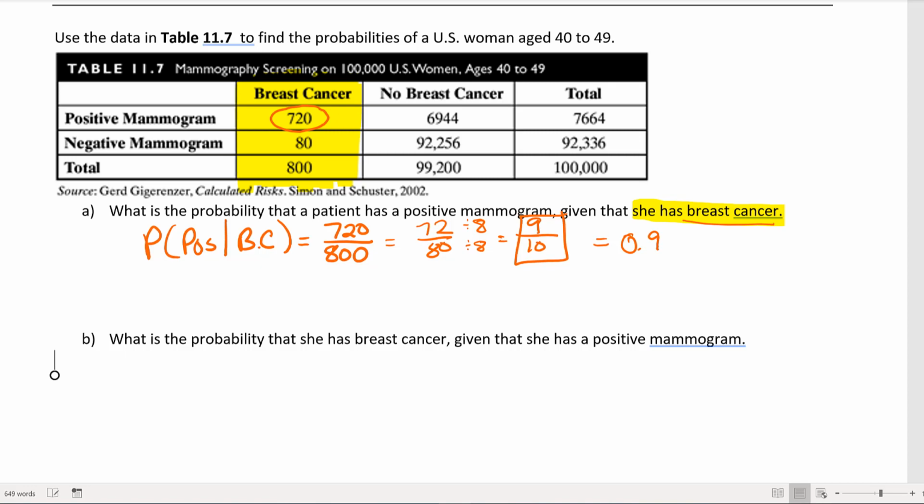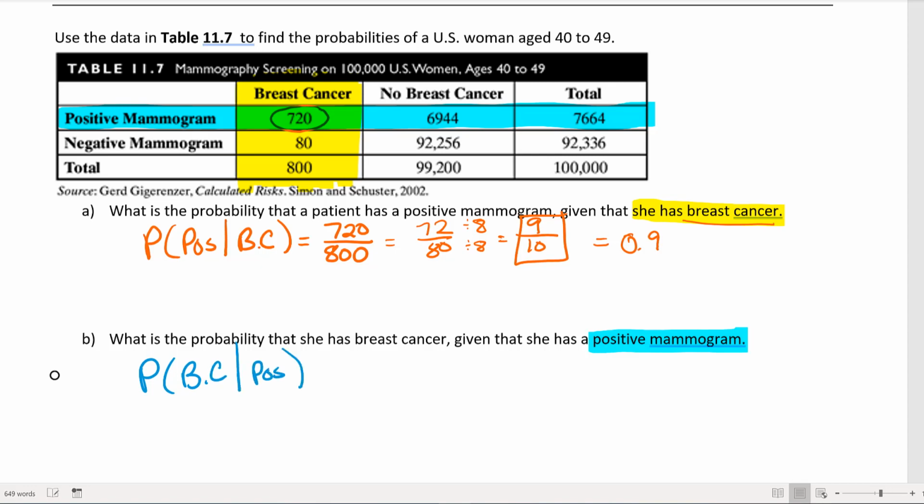The next question says, what is the probability that she has breast cancer given that she has a positive mammogram? We know that she has a positive mammogram, so in this problem the only row I can look at is this blue row right here. All of my numbers have to come from that row because I already know she has a positive mammogram.